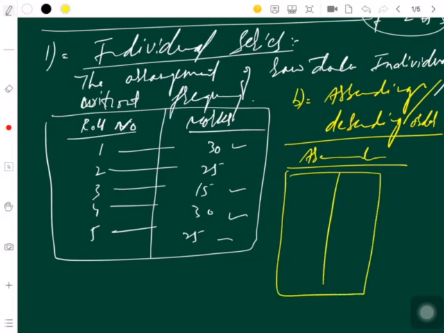First, I'll give marks. Ascending order means lowest has to come first. Lowest is 15, it is roll number 3, because roll number will move up or down according to the marks. Then second is 25 to roll number 2, 25 to roll number 5, and 30 to roll number 1, and 30 to roll number 4. This is how I arranged it in an ascending order.